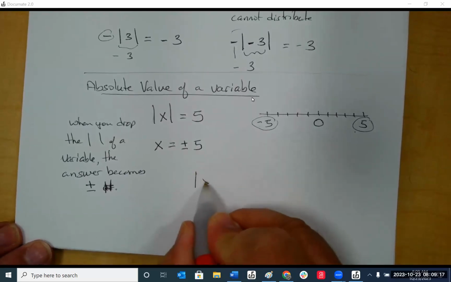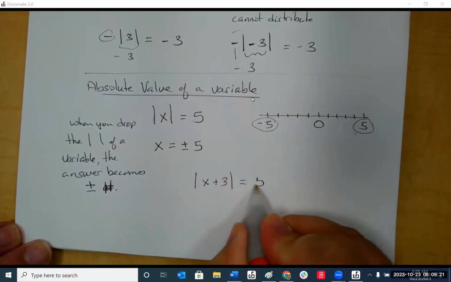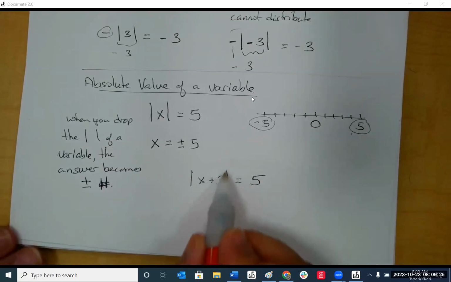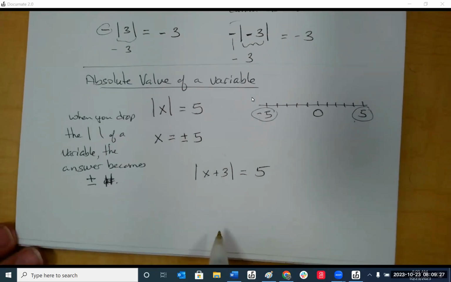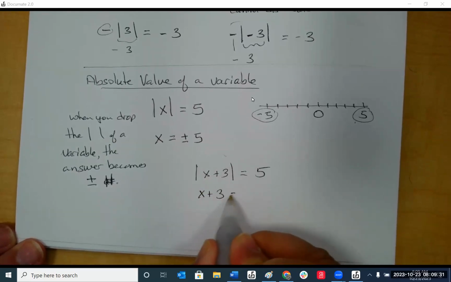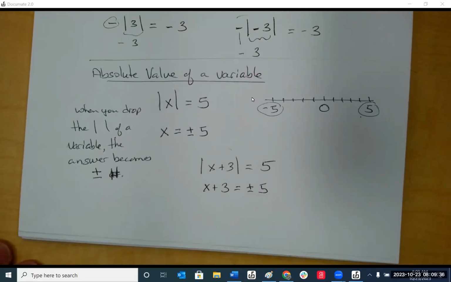It also works when you have equations. Since we can't go any further, we isolated the absolute value sign. When we drop the absolute value, we got a plus or minus answer.